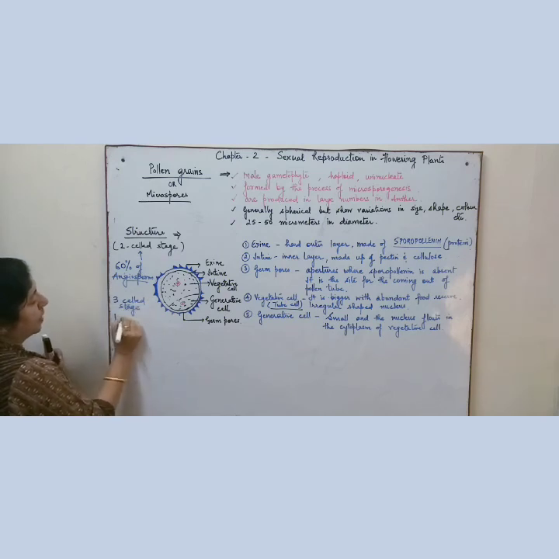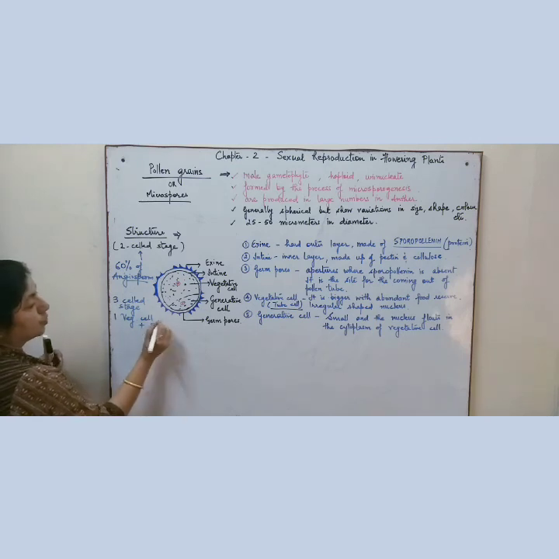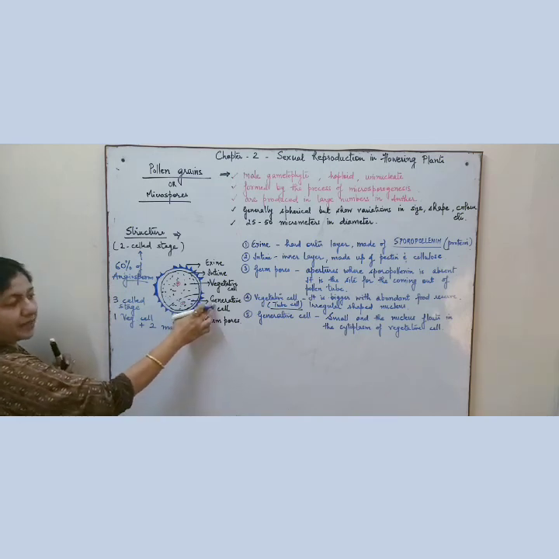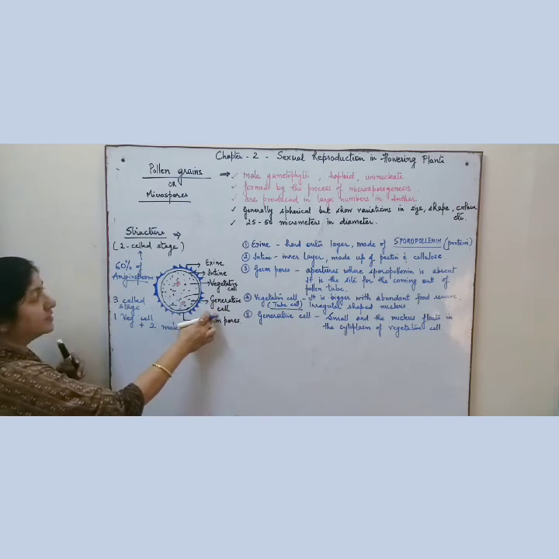The three cell stage will have one vegetative cell plus two male gametes. The two male gametes which are formed over here are formed by the division of the generative cell.